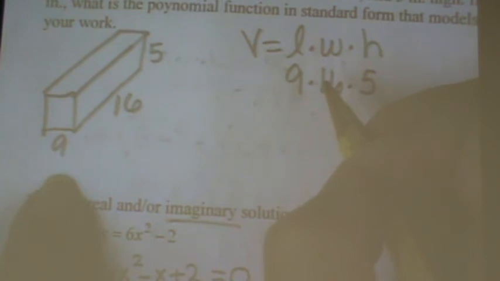So they talk about the volume, okay? The volume of this is length times width times height. If it's 9 by 16 by 5, they want to increase each dimension by x. What is the polynomial function in standard form that models the volume?